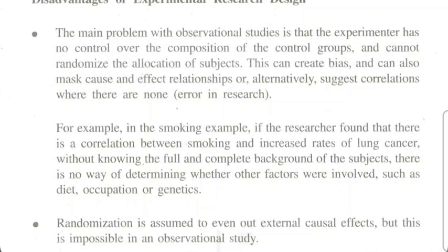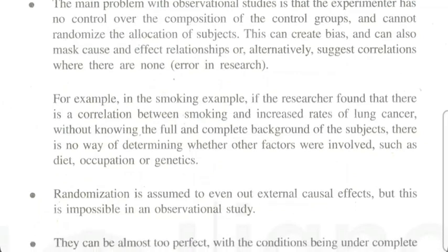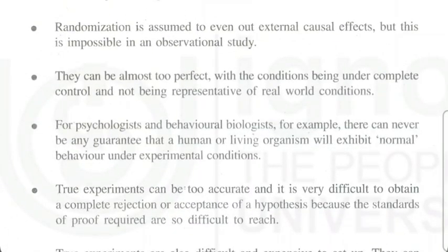For example, in the smoking example, if the researcher found that there is a correlation between smoking and increased rates of lung cancer, without knowing the full and complete background of the subjects, there is no way of determining whether other factors were involved, such as diet, occupation, or genetics. Randomization is assumed to even out external causal effects, but this is impossible in an observational study.